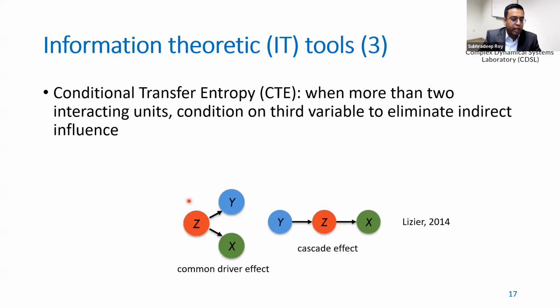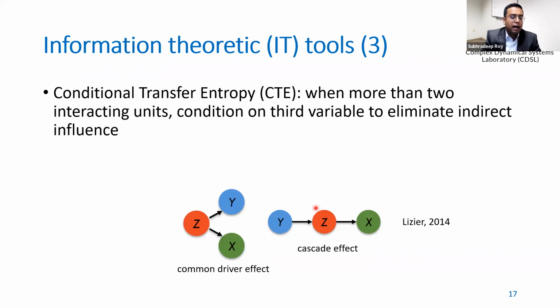For example, let's say we have a third process Z, which is influencing both X and Y. In this scenario, if we implement the pairwise transfer entropy, which I showed you in the last slide, we'll see a false coupling between X and Y because there is shared information due to the common driver Z. Similarly, we can have what is called a cascading effect when Y is influencing Z and Z is influencing X. Again, pairwise transfer entropy may give you spurious results because there is an indirect relationship between Y and X mediated through this intermediate variable Z.